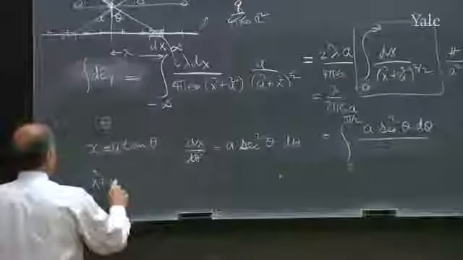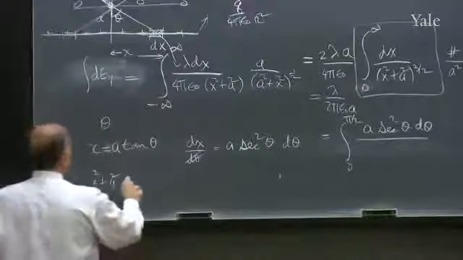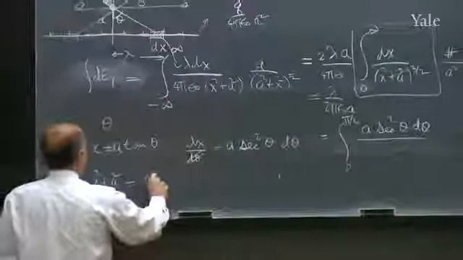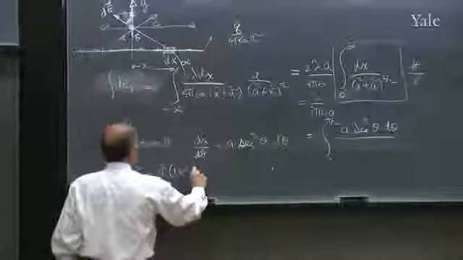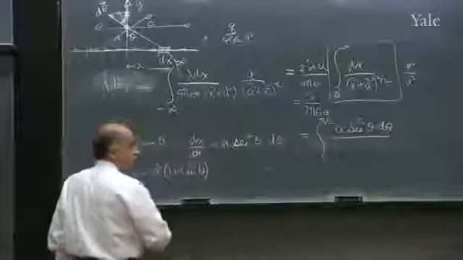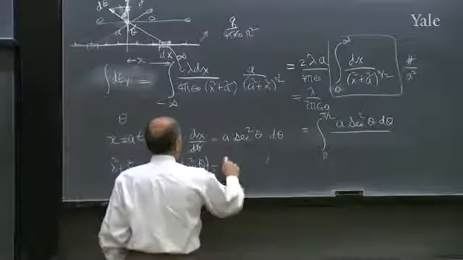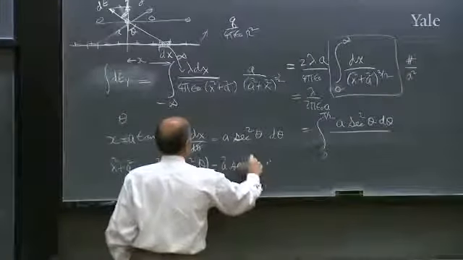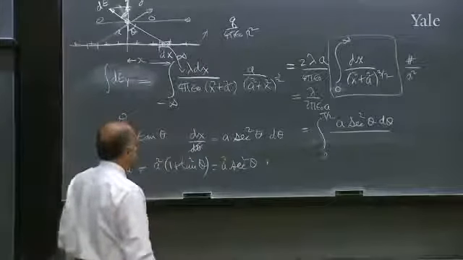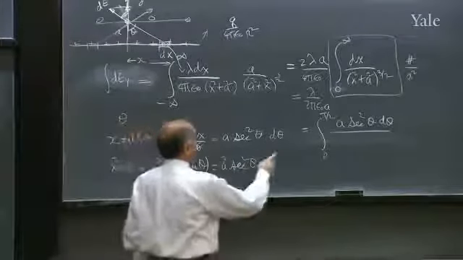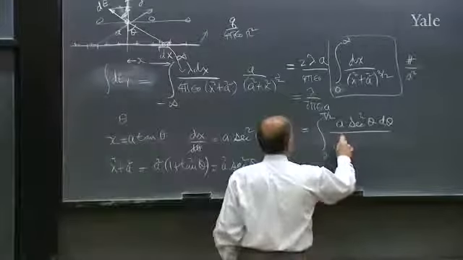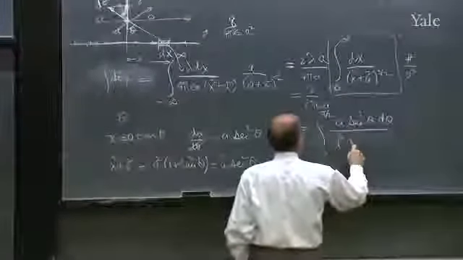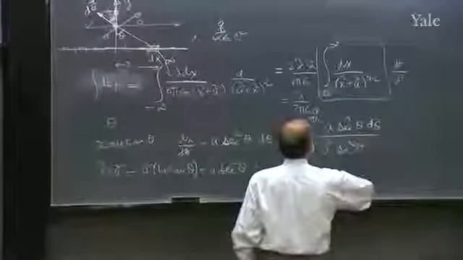Downstairs, I have x squared plus a squared. x itself is a tan theta. Therefore, it's a squared times 1 plus tan squared theta. 1 plus tan squared theta happens to be secant squared theta. That to the power 3 over 2, which is what I want, will give me an a cubed secant cubed theta.